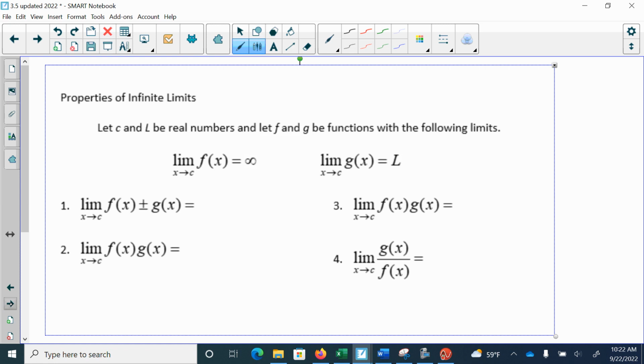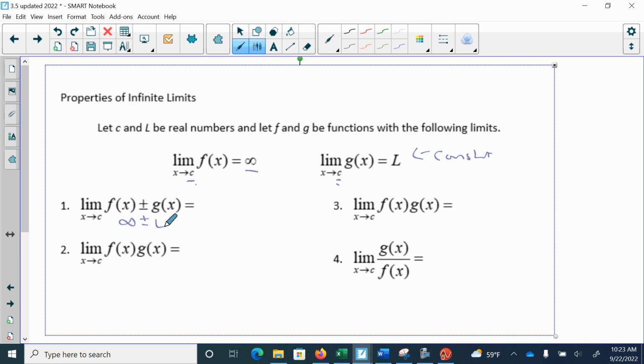So what this is saying is if I find the limit of f of x as x approaches c, it's positive infinity. If I find the limit of a different function, g, as I approach the same number, it's L. This is some constant, like 2 or 5, just a number. So if I take the limit of f of x plus or minus g of x, this limit of f of x is infinity, and I'm going to add or subtract a constant.